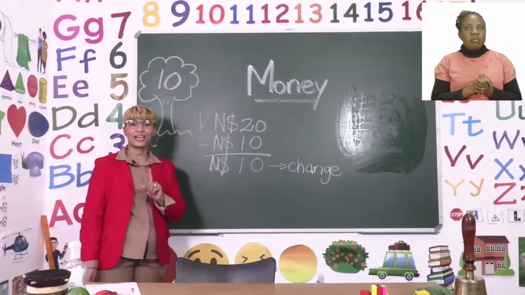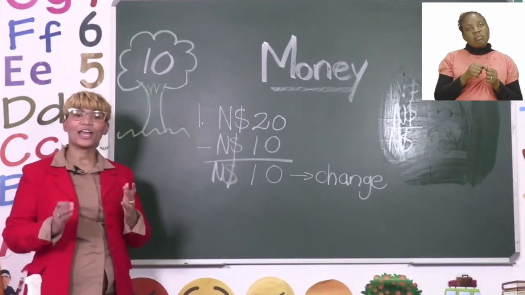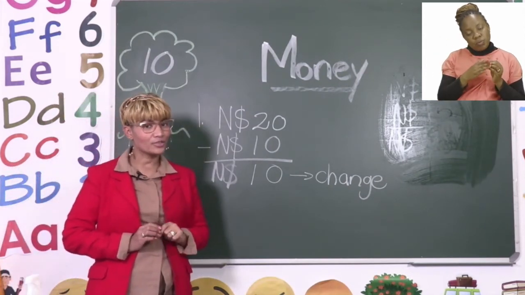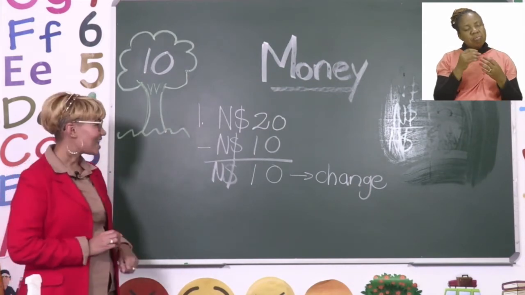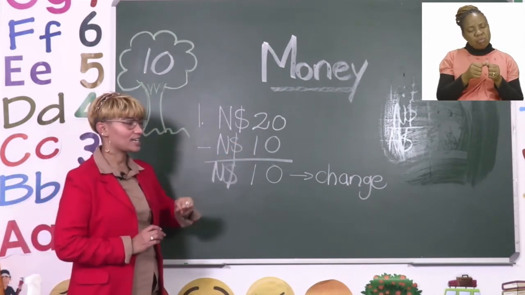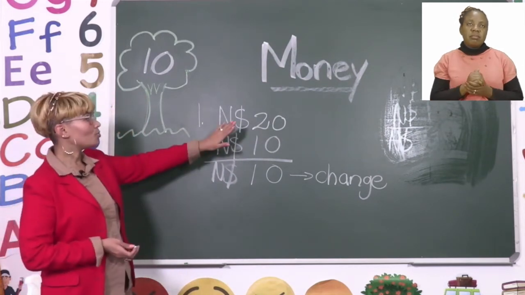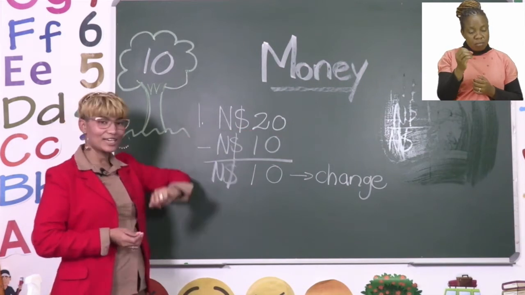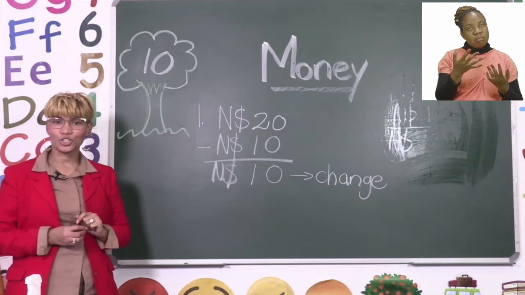So remember we said you have 20 Namibian dollars and you bought a loaf of bread. Do you remember the price for the loaf of bread? That's right, it was 10 Namibian dollars. So if you buy the 10 Namibian dollar bread with 20 Namibian dollars, how much will you get change?